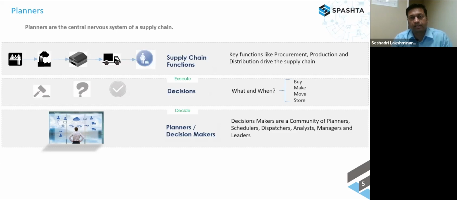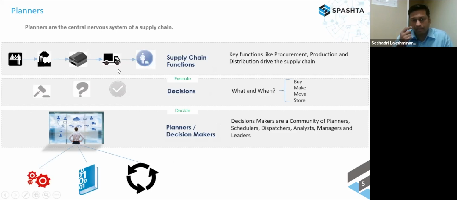They can deal with a lot of the complexity instead of relying on the team which is executing to do the job. So that is one point that I did want to make in this slide, the importance of planners and the key things that planners need to have embedded in their skill set, I would say, are these three things.